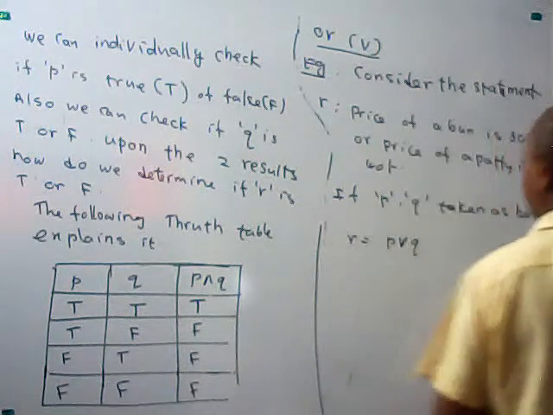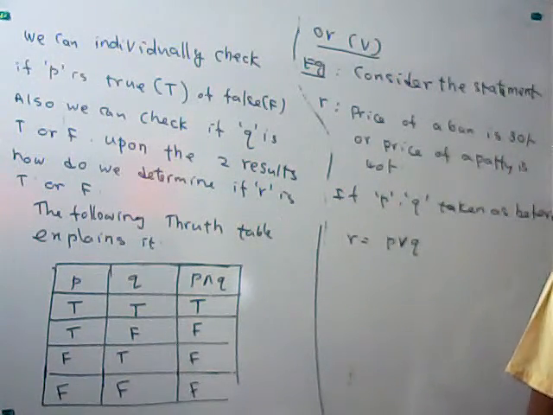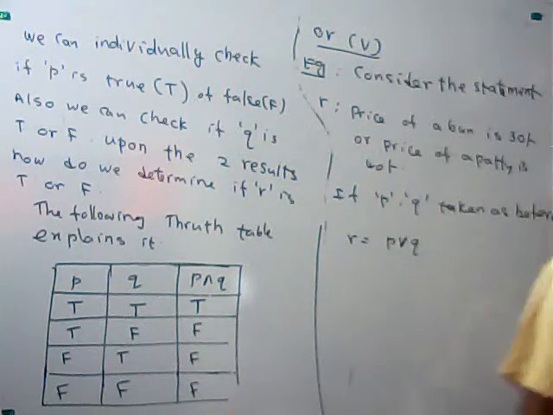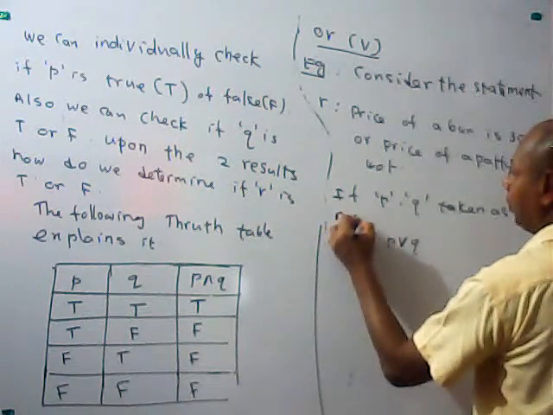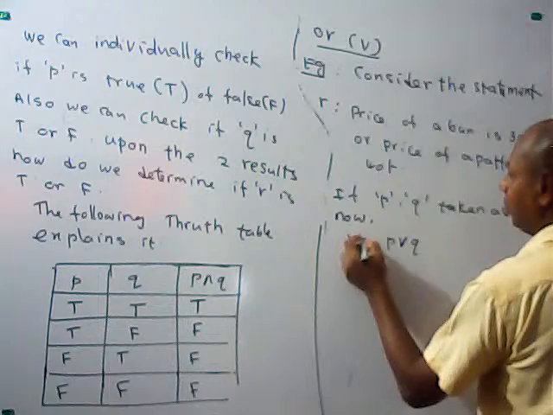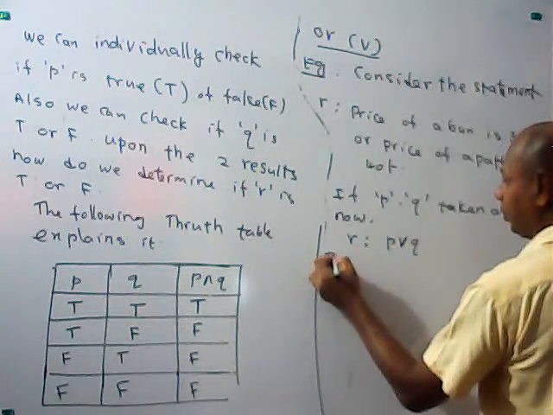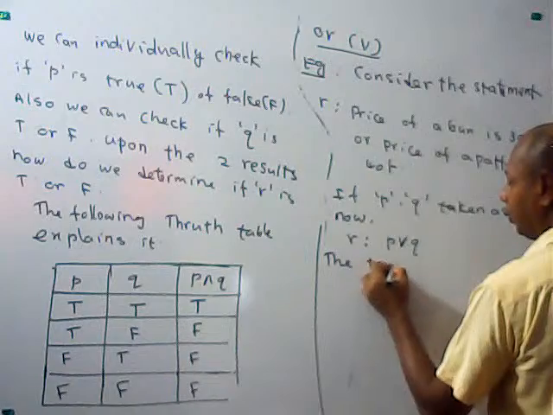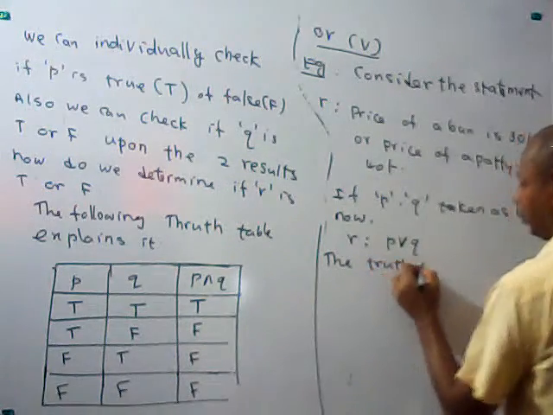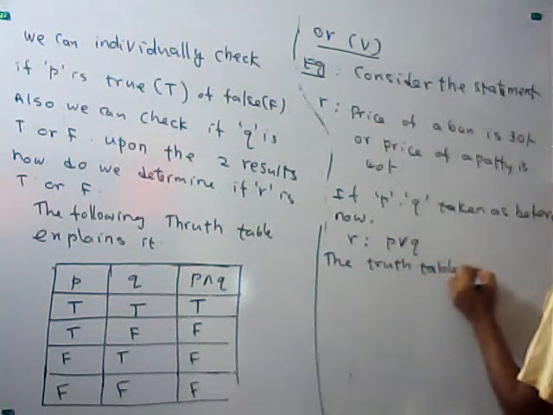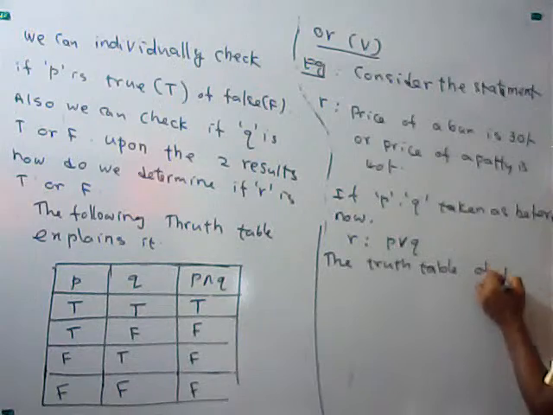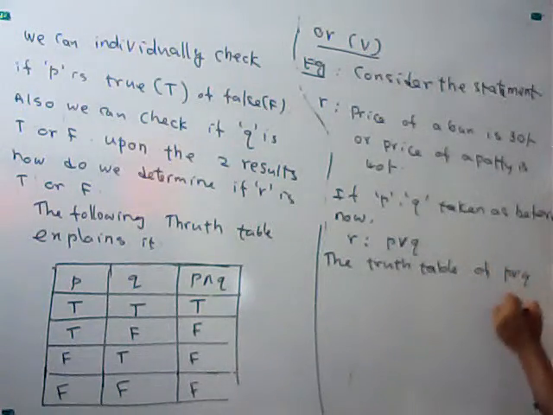If P and Q are taken as before, R is equal to P OR Q, right? The truth table of P OR Q.